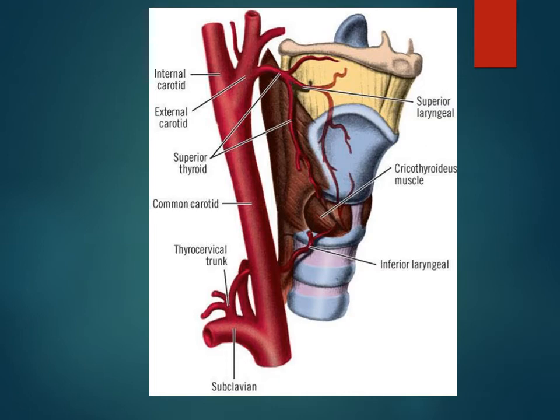This diagram shows the subclavian, which has a branch, the thyrocervical trunk, giving the inferior thyroid artery, giving the inferior laryngeal artery, and this is the common carotid bifurcating into the external and internal carotid, and the superior thyroid artery gives a branch to the superior laryngeal artery.